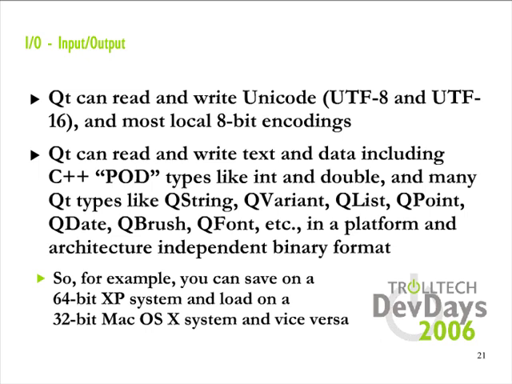And because QDataStream uses a platform-independent binary format, you could be on a 64-bit big-endian machine and read and write that data just as easily on a 32-bit little-endian machine with a totally different operating system. And it will work perfectly well. So it doesn't matter what platform you create your binary files on, if that's how you store your data.